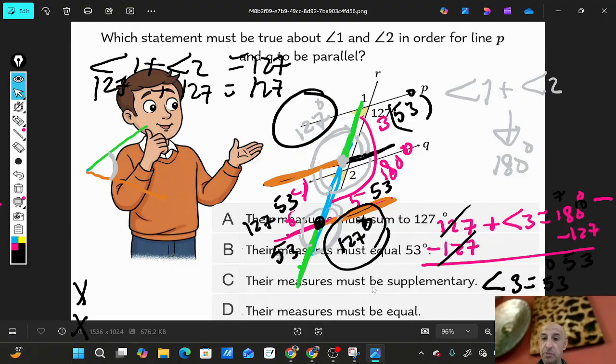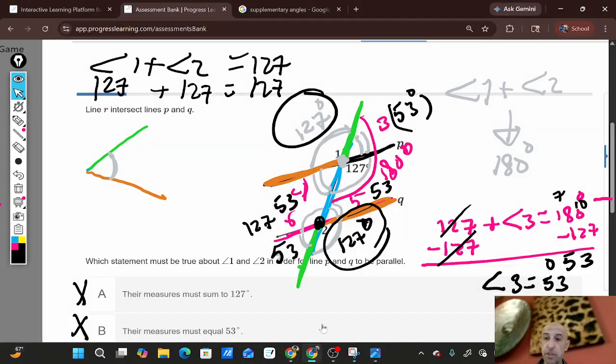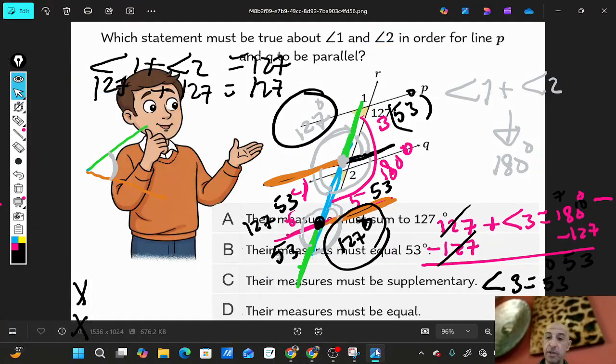What's about the other options? Is their measures must be supplementary? So do you think their measurement 1 and 2 like this, measurement 1 plus 2 equal 127 or 180 as supplementary? Of course, this is not the right option.